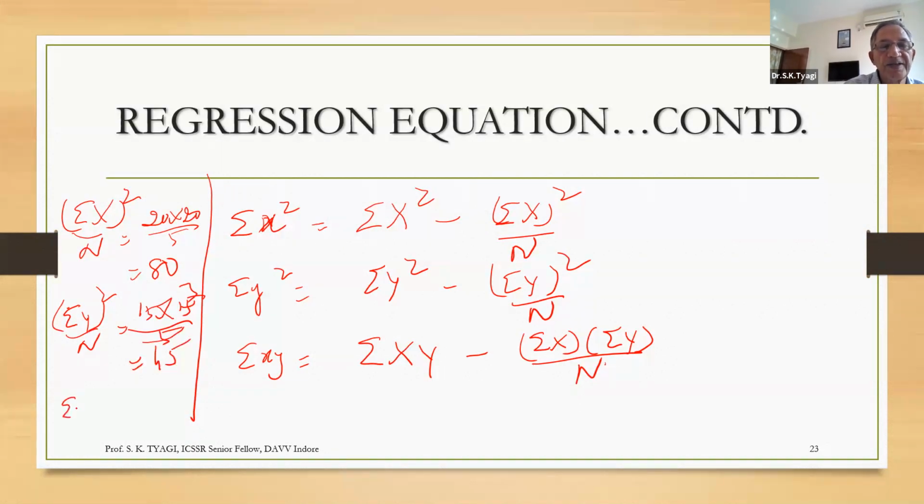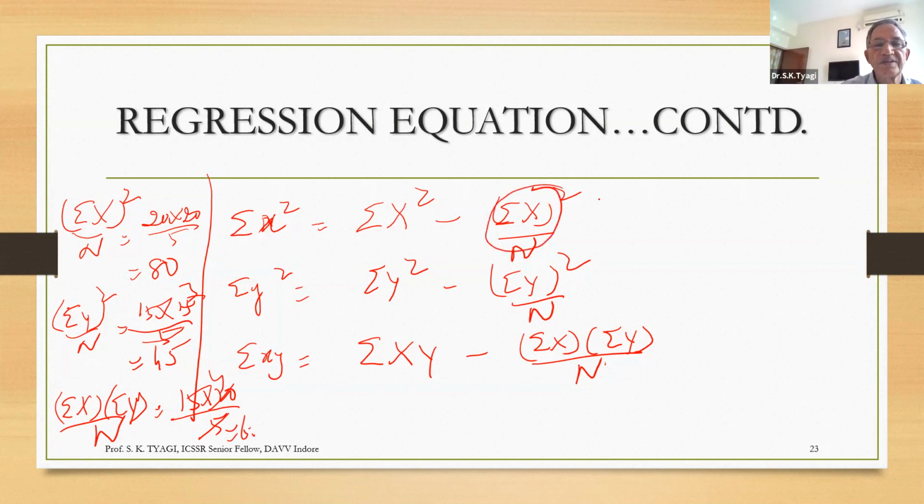And for sigma xy, sigma x into sigma y upon n is equal to 15 into 20 divided by 5, that is 60. So this term is 80, this term is 45, and this term is 60.